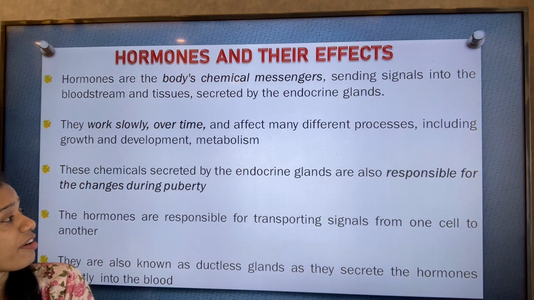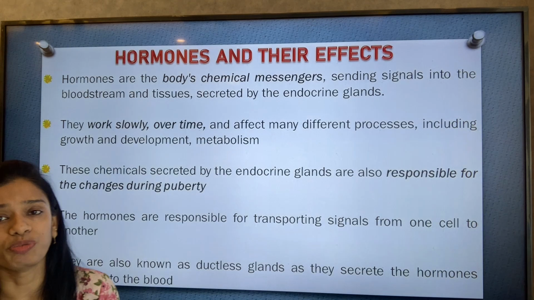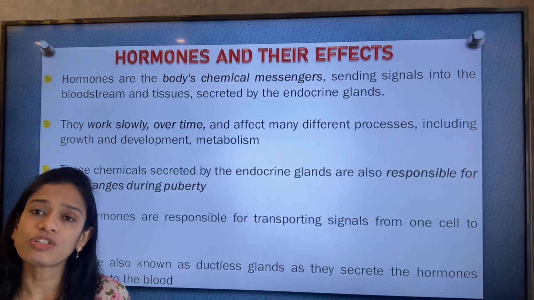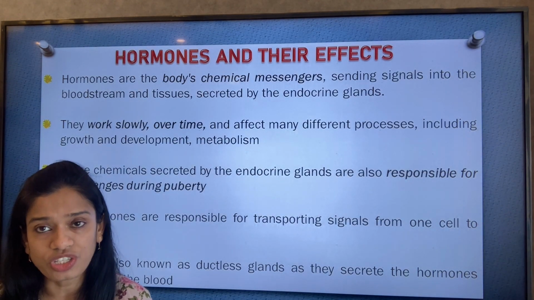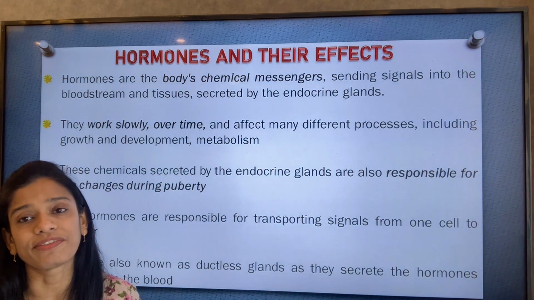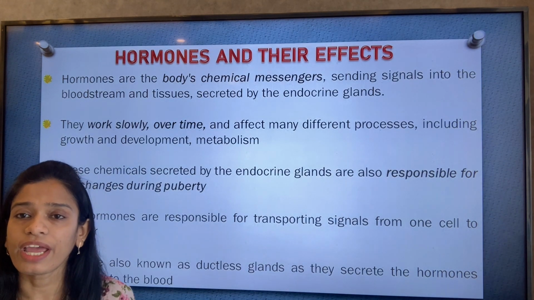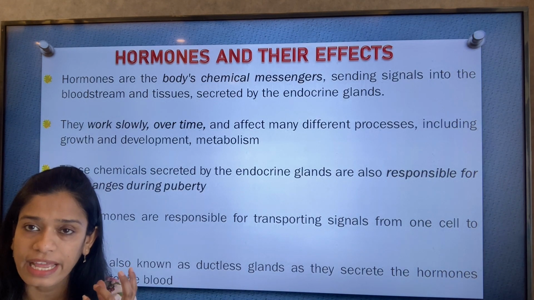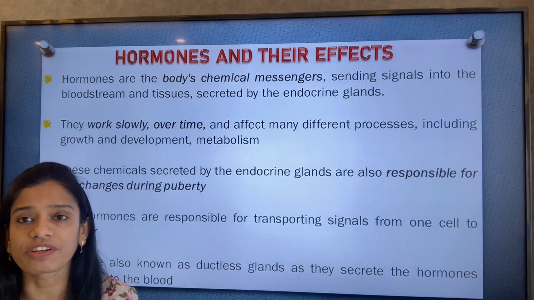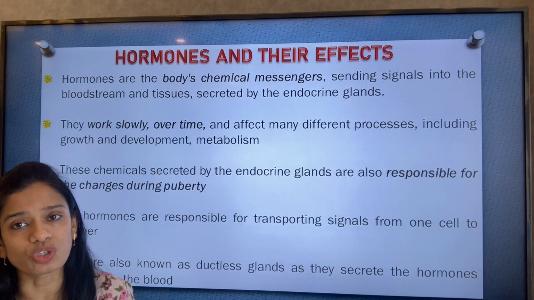The chemicals secreted by the endocrine glands are also responsible for the changes during puberty. So whatever changes we have discussed just now during the onset of puberty are all due to the secretion of the endocrine glands. Each endocrine gland has its own secretions, and each secretion has its own function and work to do.